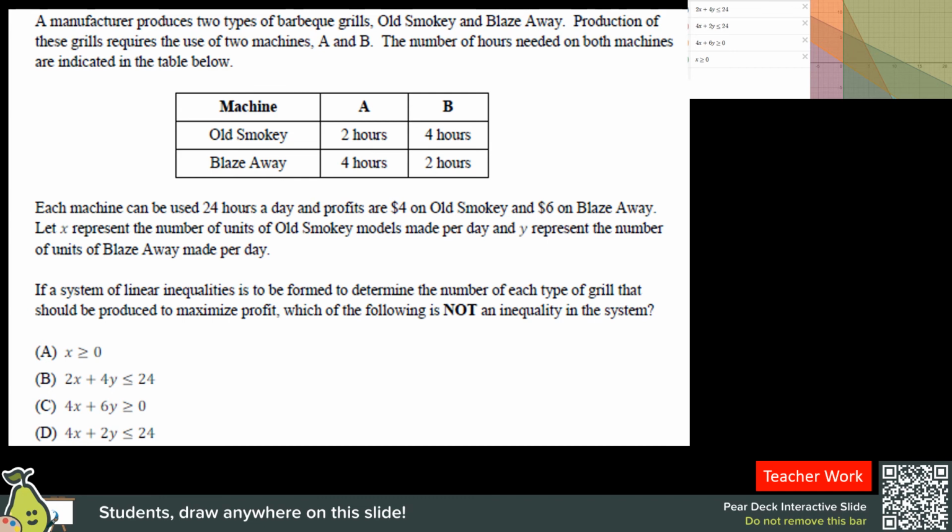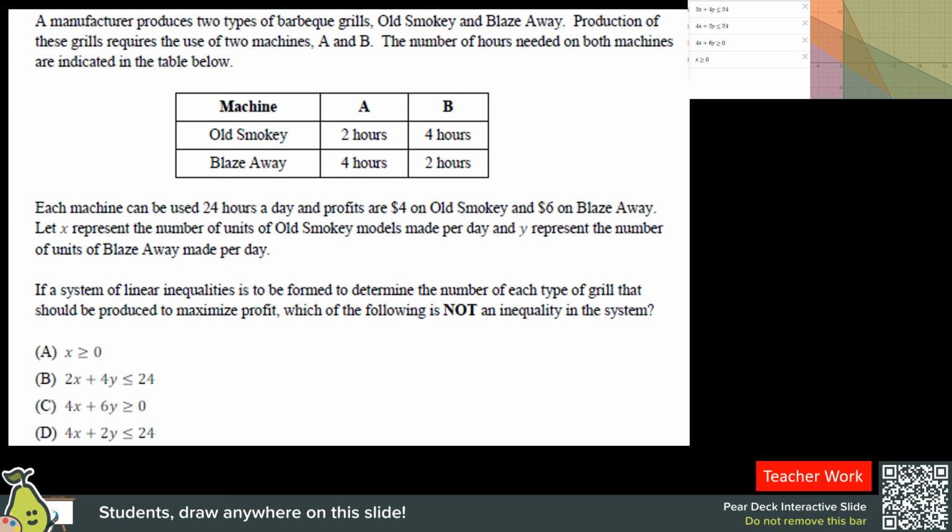Let X represent the number of units of Old Smoky models made a day, and Y represent the number of units Blaze Away made per day. If a system of linear inequalities is formed to determine the number of each type of grill that should be produced to maximize profits, which of the following is not an inequality in the system?